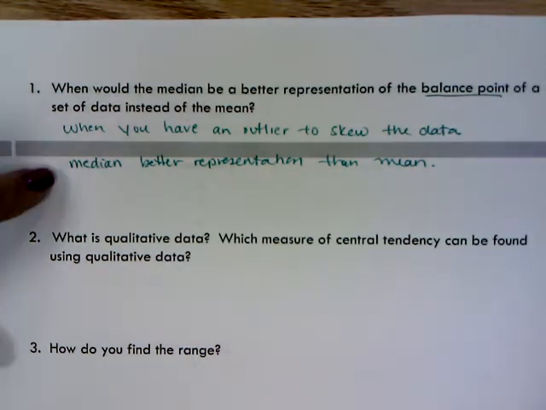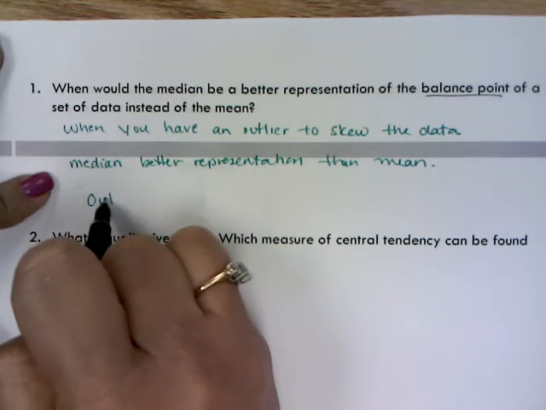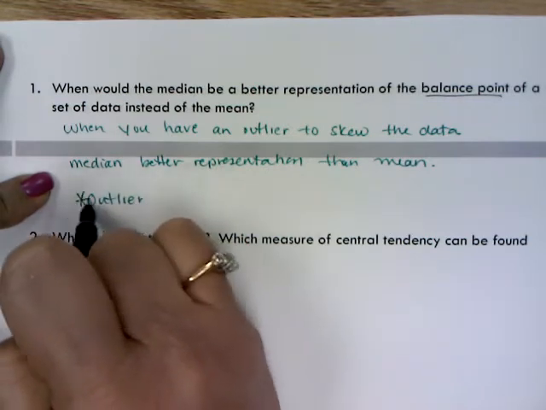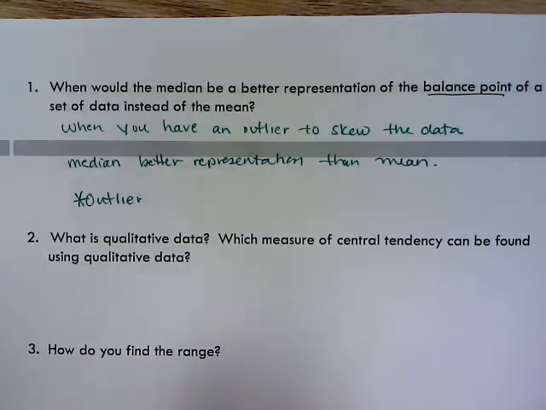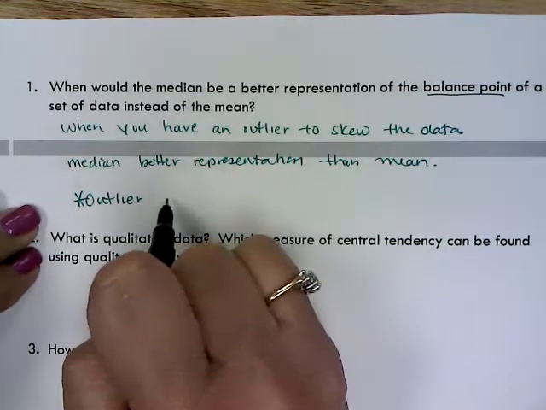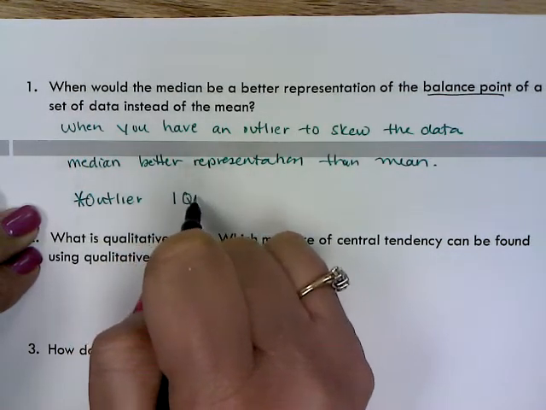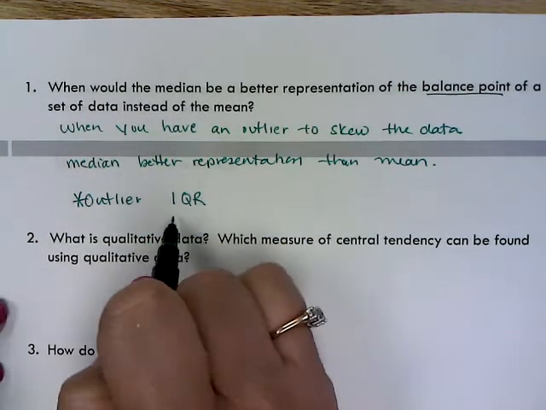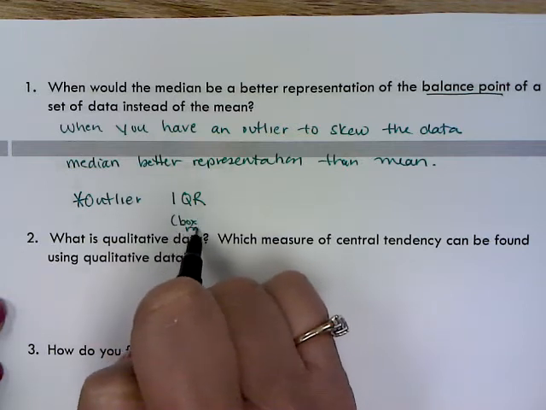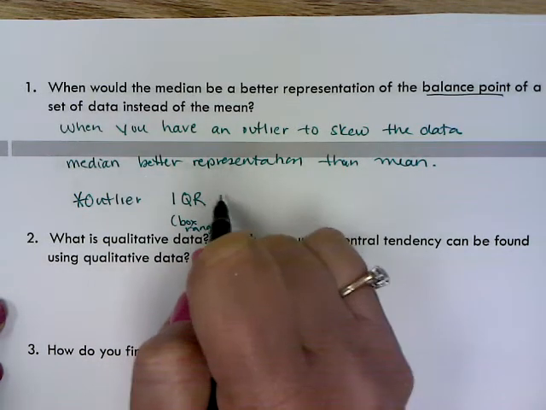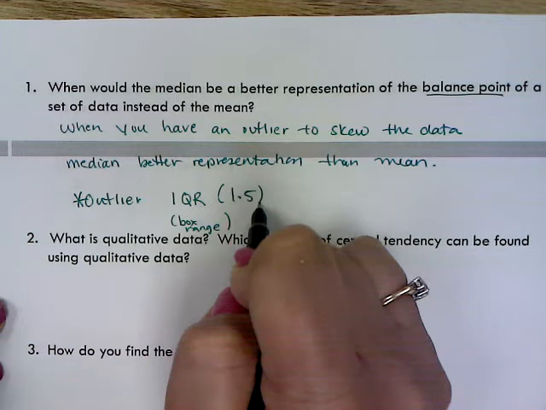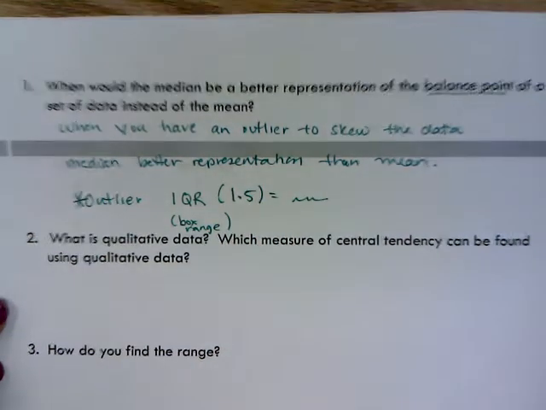Okay, second of all, outlier, just because I'm thinking about it. To find the outlier, remember, if there's an outlier, it is your interquartile range, which is the range of the box, times 1.5. So I get that number.